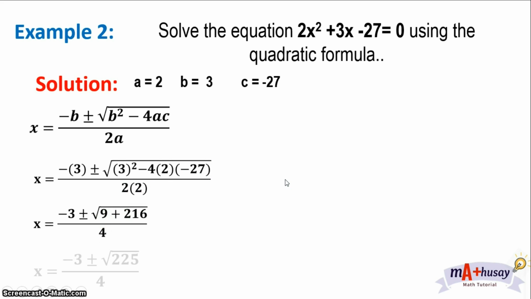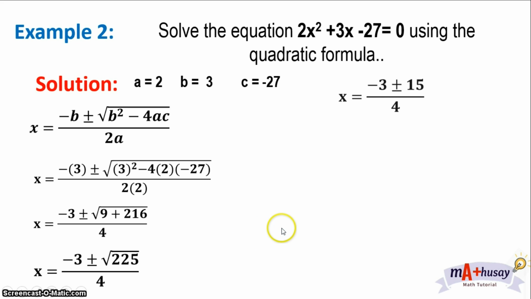Now, we combine 9 and 216, and we'll have 225. Now, we know that 225 is a perfect square, so we can still simplify it. So, we have x is equal to -3 plus or minus 15 because the square root of 225 is 15, all over 4.